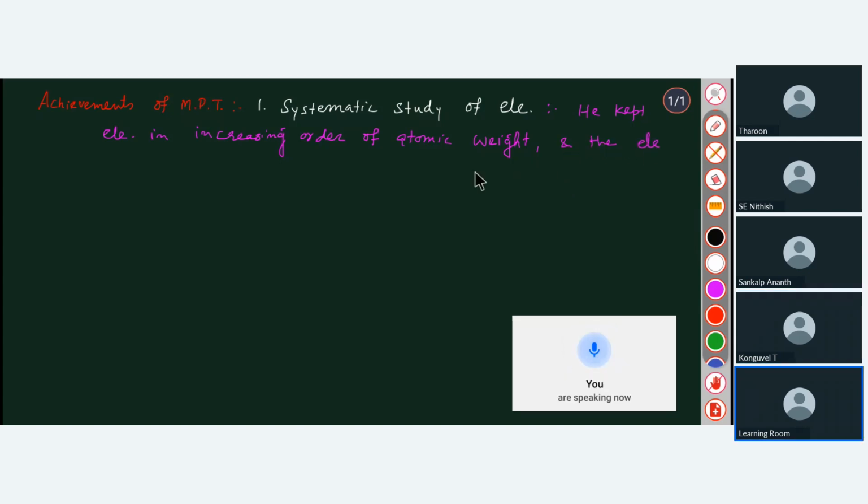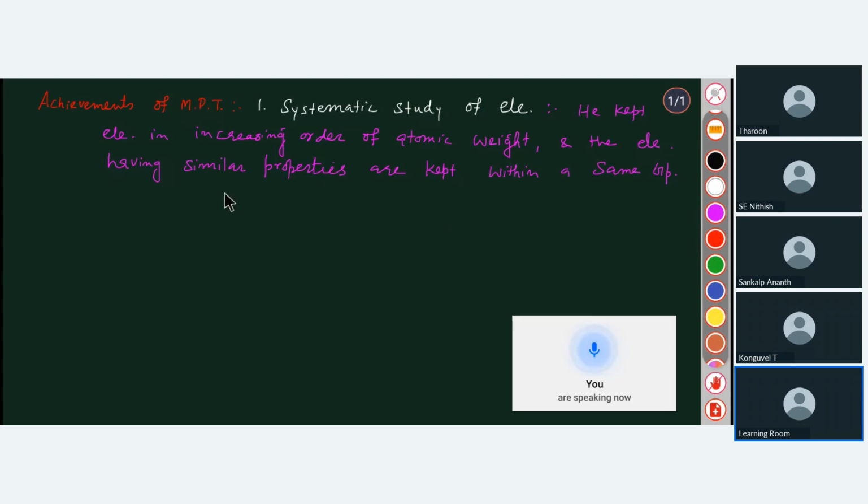I will write it here: and the elements having similar properties are kept within the same group, right? Yes, sir. Okay.